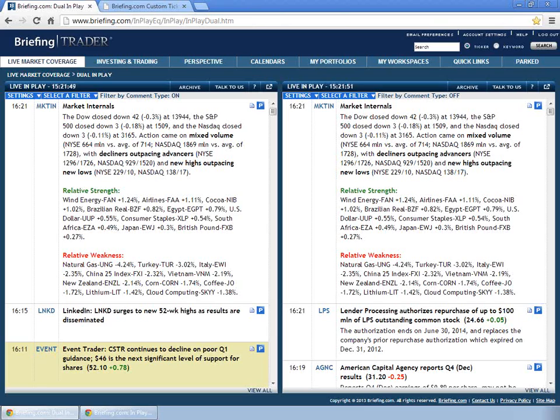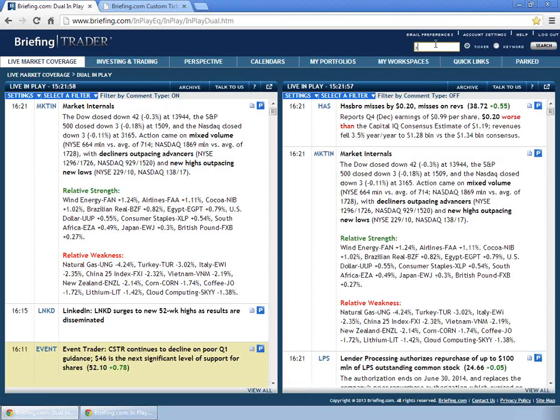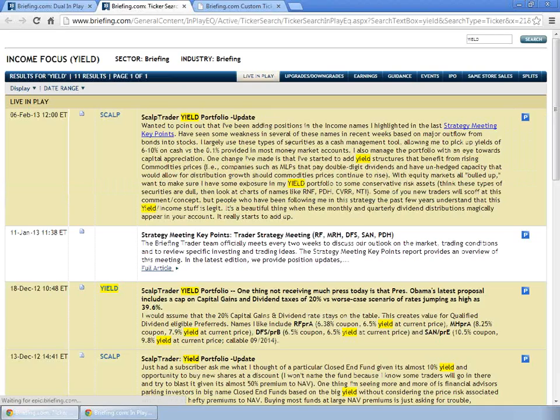If you look under the yield comment that I write, and I'll type it in here, Y-I-E-L-D, you'll see some of the ideas I have for essentially cash management. This is a trading strategy that focuses on income securities that also looks at a capital appreciation strategy. I was just writing a comment yesterday that a lot of people, when I start talking about this to traders, they start to fall asleep.